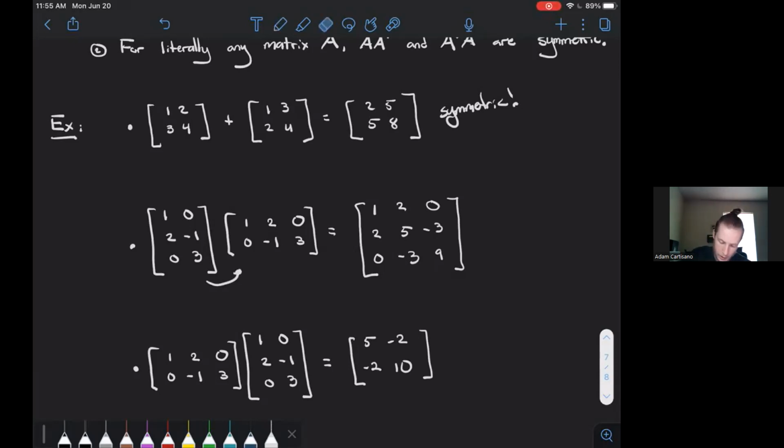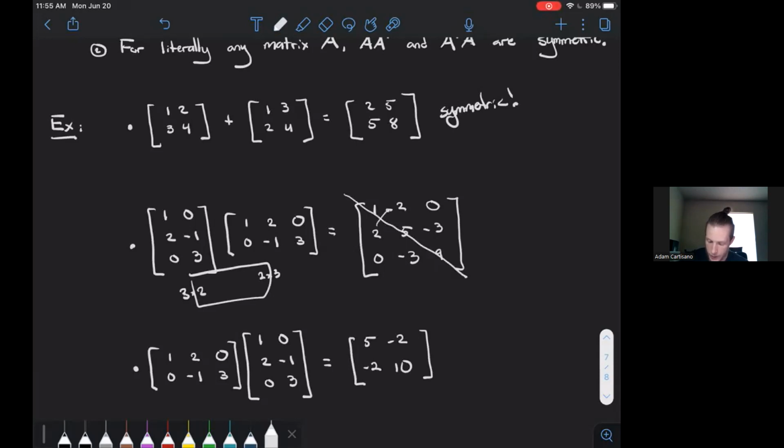But let's just do the dimension counting. This is 3 by 2, and this is 2 by 3. The insides match, so the product is well defined. The outside dimensions give us the dimensions of the product. So 3 by 3.